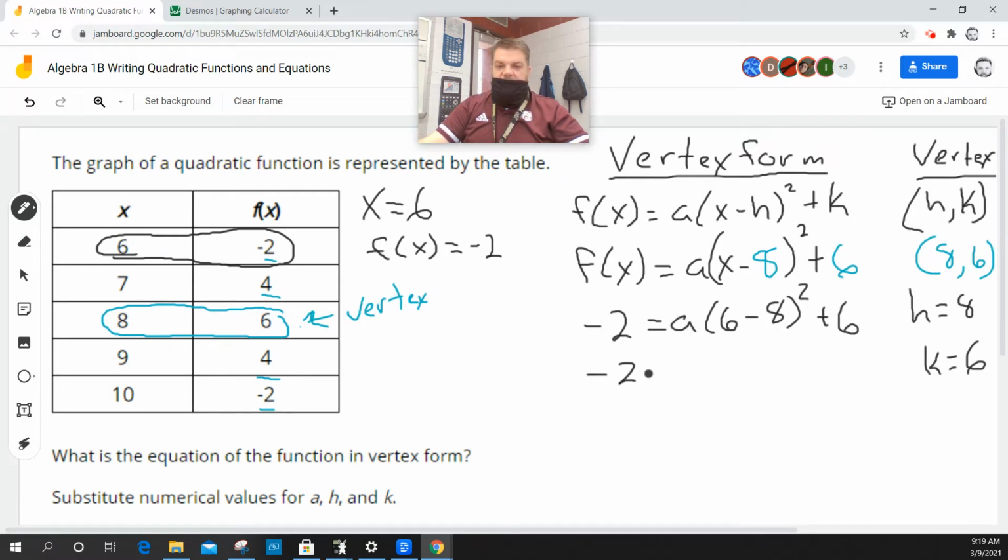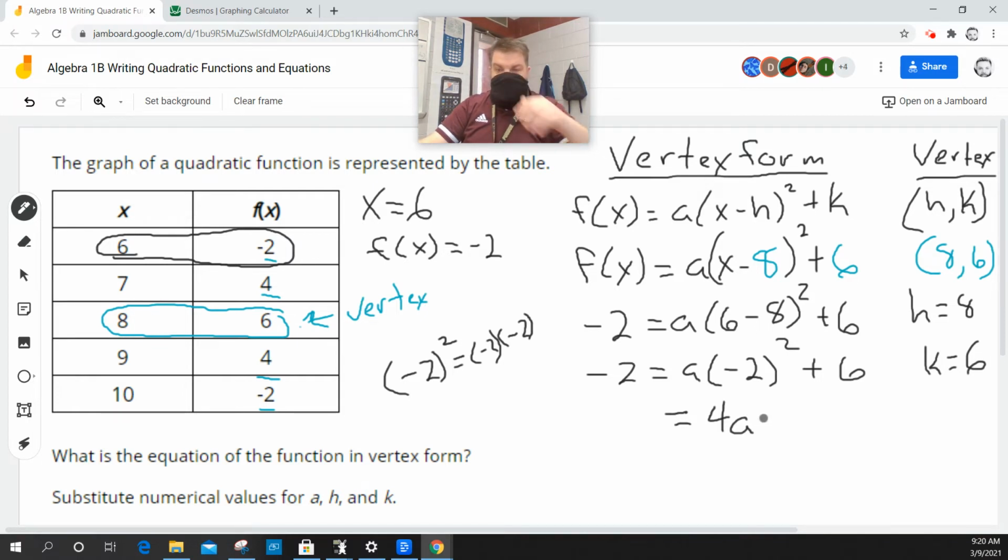Well, 6 minus 8 is -2, squared plus 6. What's -2 squared? Well, it's -2 times -2, which is what? It's a +4. So this becomes 4a plus 6, and all that's equal to -2.